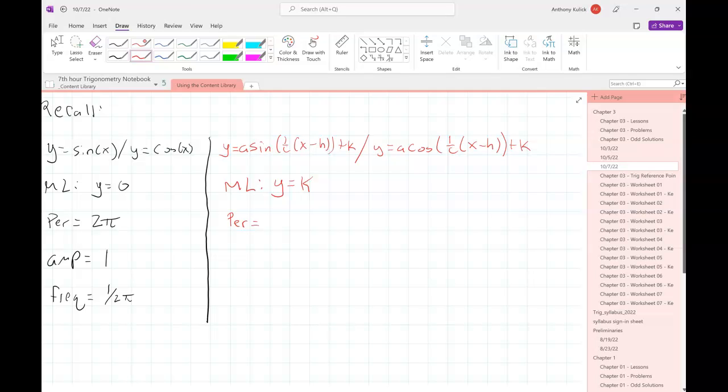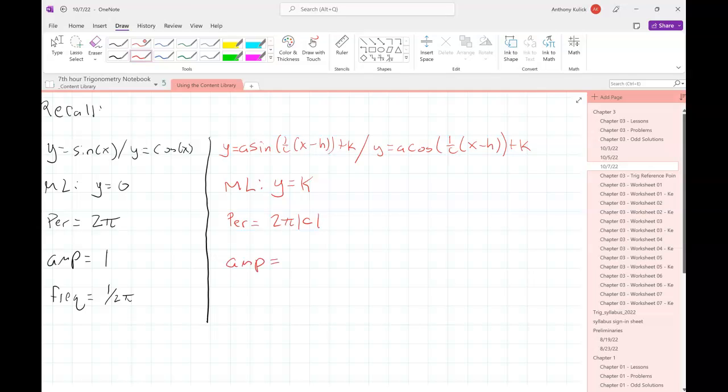So a horizontal stretch or shrink will affect the period. That was represented by C. But remember, C could also affect a reflection if it was negative. So we're just going to use the absolute value of C. Or you could think about the period being a length, and it doesn't make sense to have a negative length, right? Even though C could have negative values. So we'll just take the absolute value of it. Great.